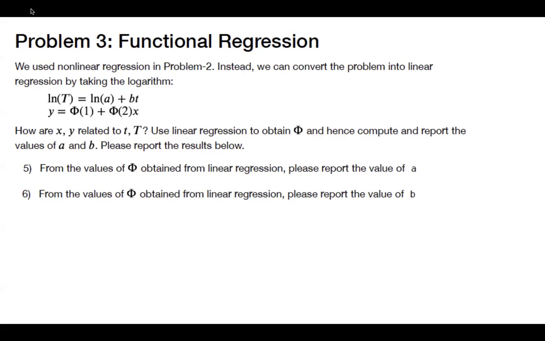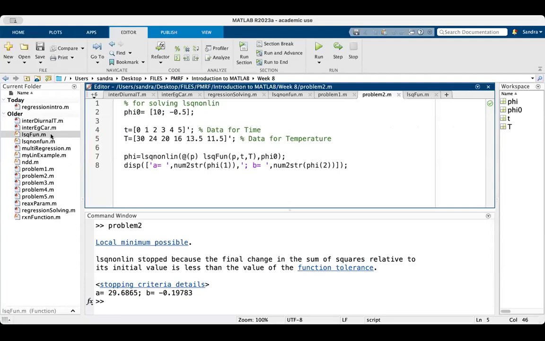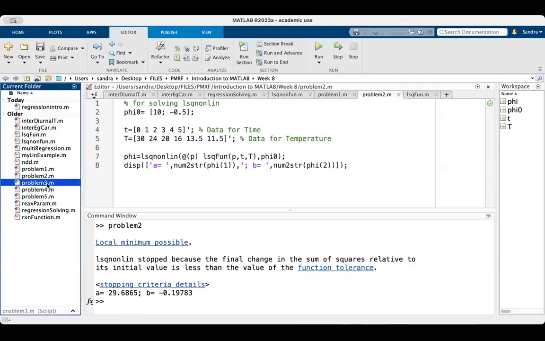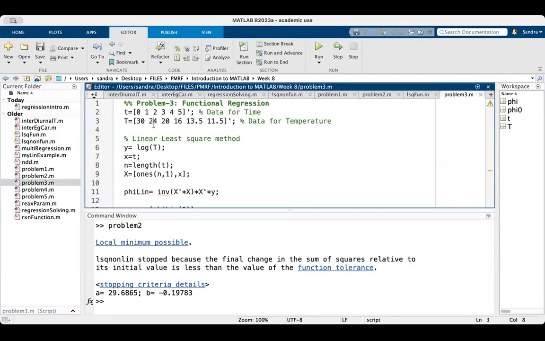So let's discuss. Since it's the same problem, we should be getting parameters close to what we got earlier. So let's look at problem 3. This is your T, the time and the temperature.